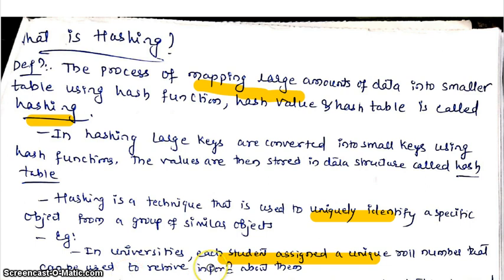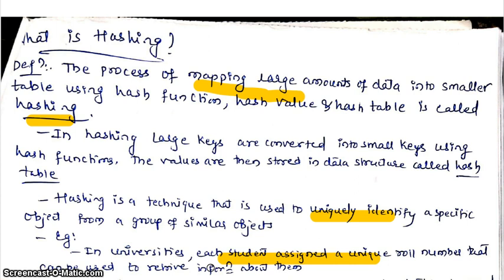In universities, each student is assigned a unique number, a university seat number. Each student has a university seat number. So if I want to access the information about that particular student, I can just give the USN number or the roll number.